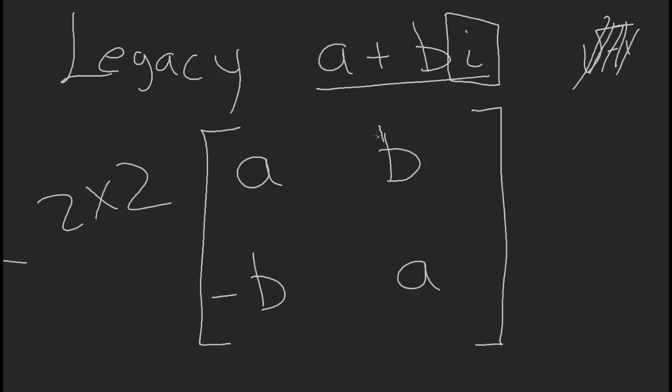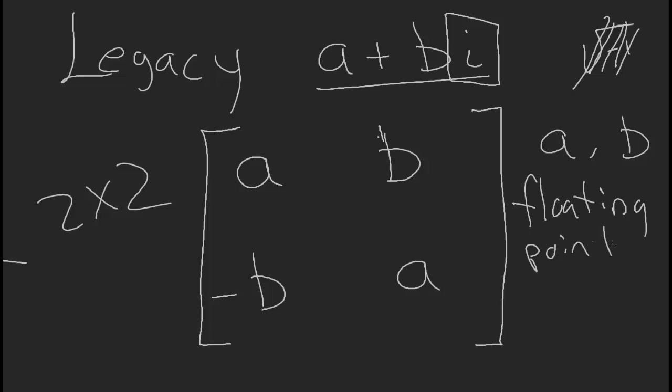So in this 2x2 matrix, A and B are ponderable floating point values.